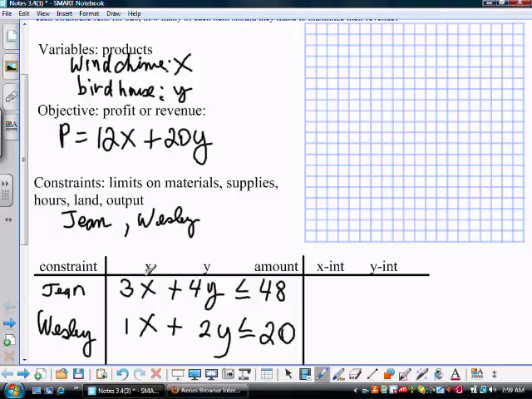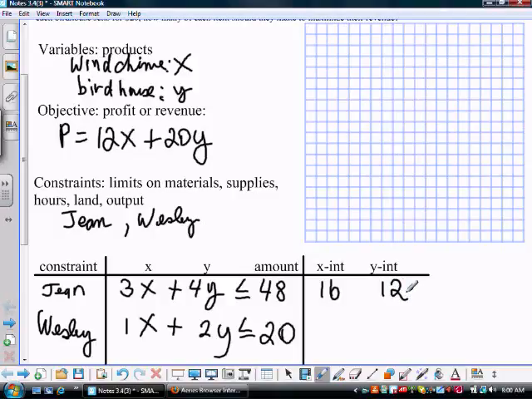So 3x is equal to 48. My x-intercept is 48 divided by 3, which is 16. For my y-intercept, I make the x 0. I solve 4y equals 48, which means I take 48 and divide it by 4 and get 12.